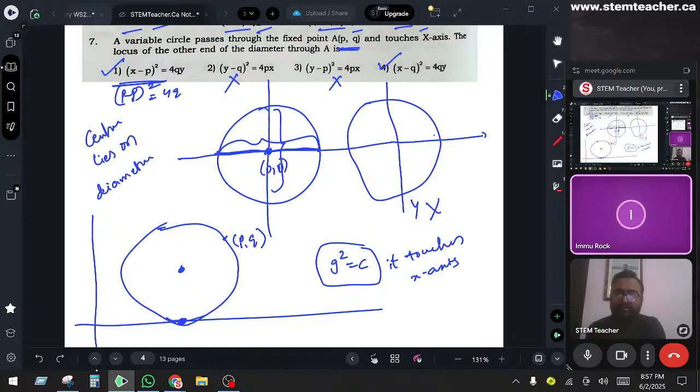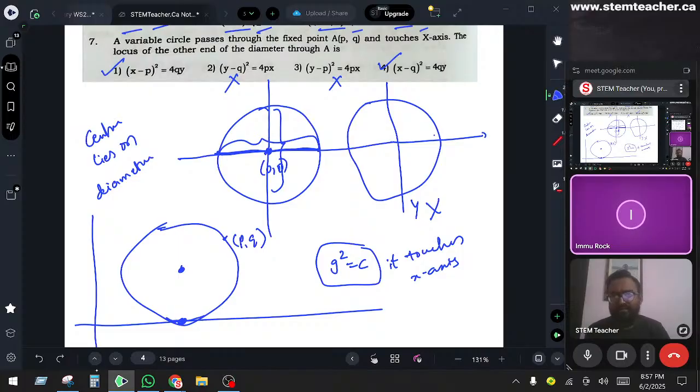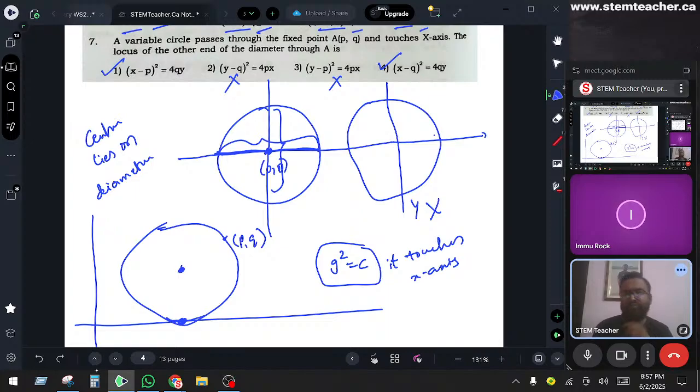Wait, the circle passes through this point, 4px, 1 2 तक तो रीच हो चुका है, 1 and 4 तो यही होना चाहिए. इसमें f तो आएगा नहीं. इसमें भी है, दोनों में है.